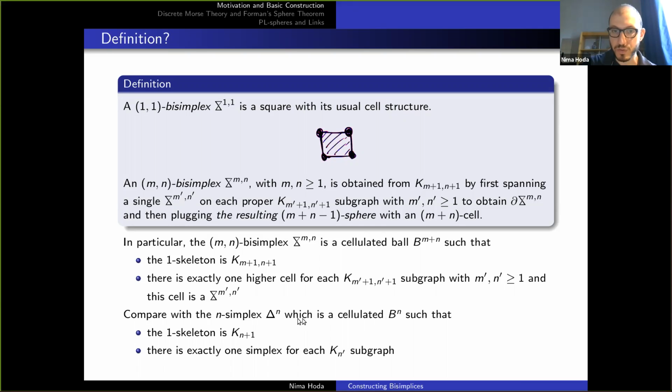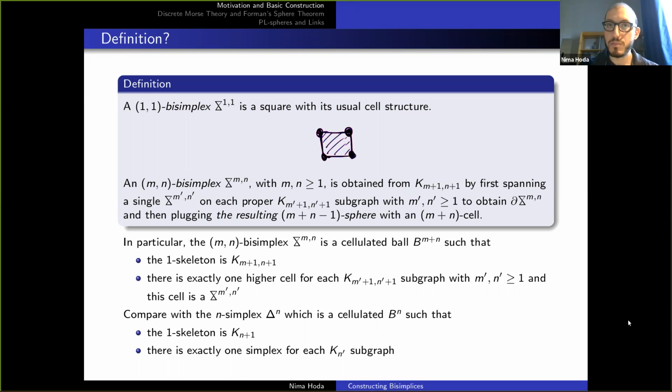You can read off what that poset is from these points here. And we can compare that with simplices. An n-simplex is a cellulated n-ball whose one-skeleton is the complete graph on n+1 vertices, and which has exactly one simplex for each complete subgraph.